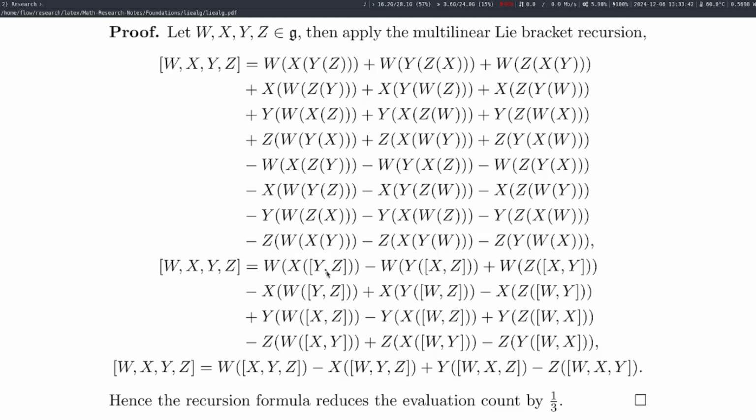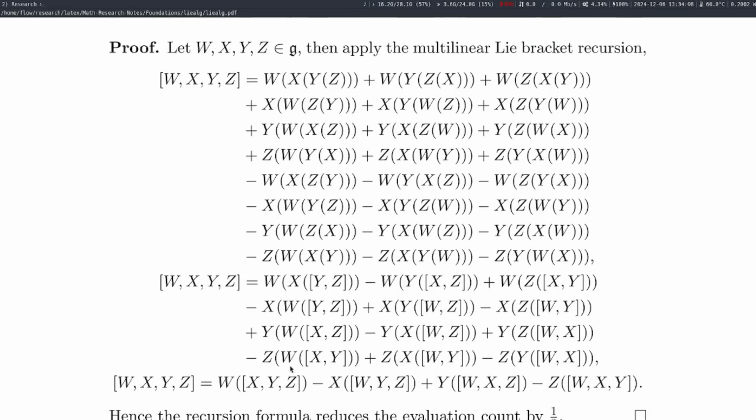And now what we can do is observe that w of x of the commutator yz minus w of y of the commutator of xz plus w of z of the commutator of xy, well, that's just w applied to the trilinear bracket xyz.